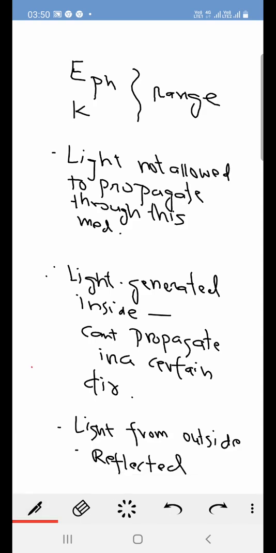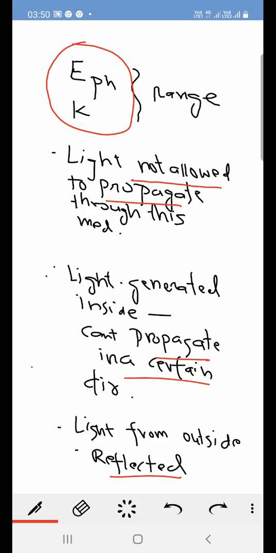Firstly, it is not allowed to propagate in a certain direction if it is inside the crystal, and also if light is coming from the outside, it is getting reflected. So these three hold for a certain range of photon energy and wave vector.